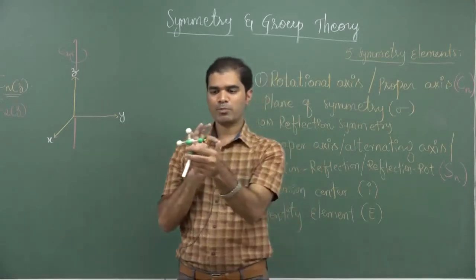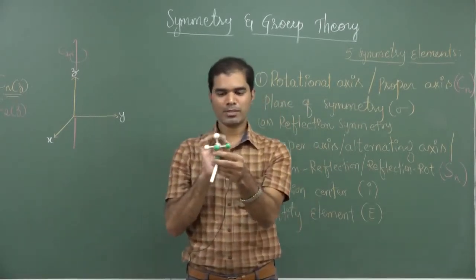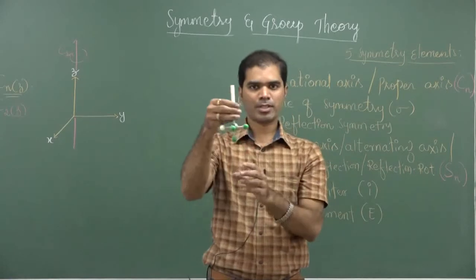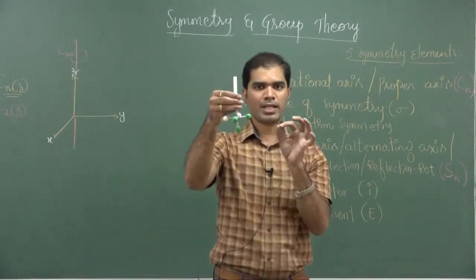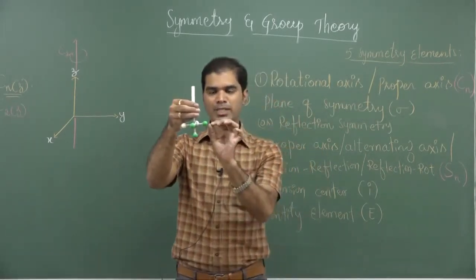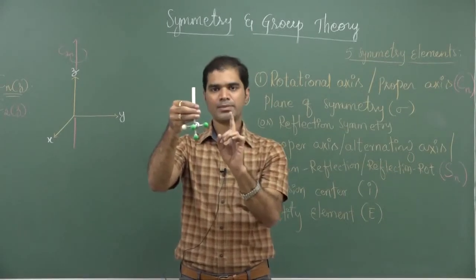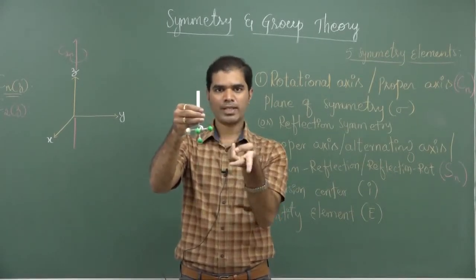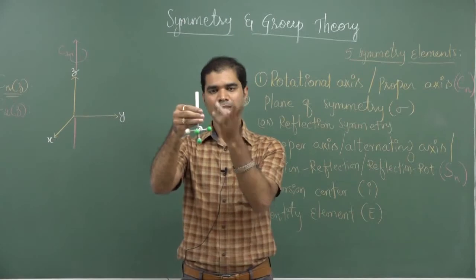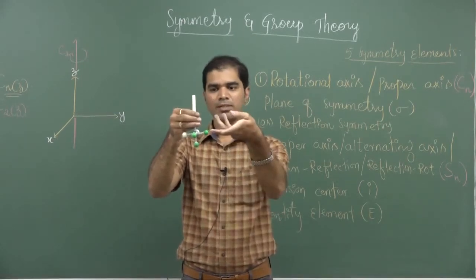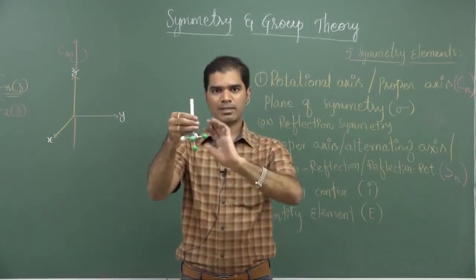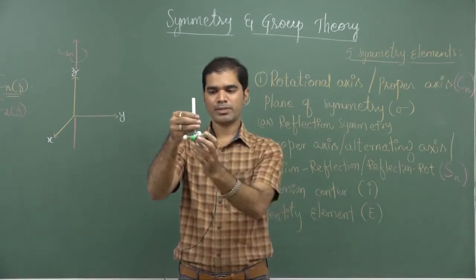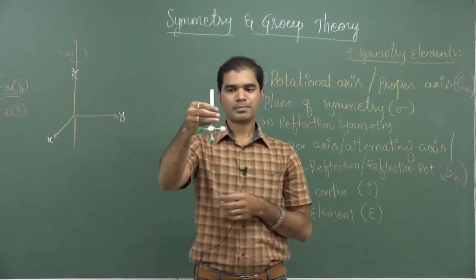So this is the most important point to be noticed whenever we are performing some operation. Any rotational axis which is passing through one particular coordinate, that coordinate will not exchange, whereas the other coordinates will exchange with their opposite phases.